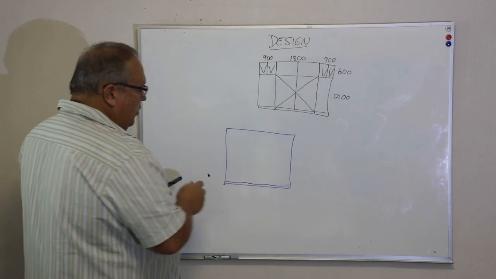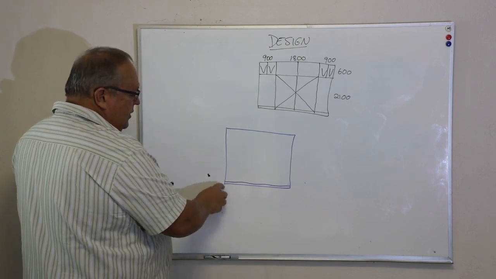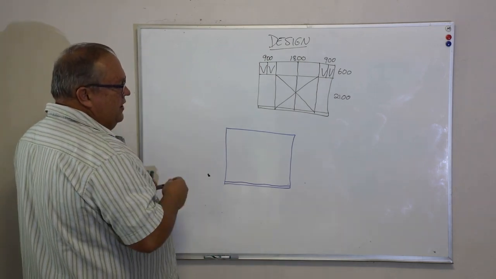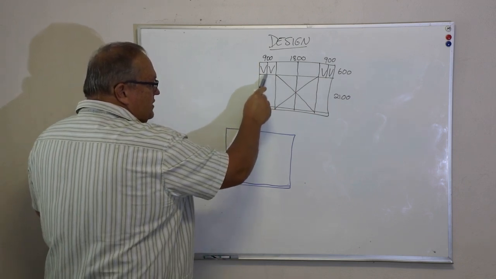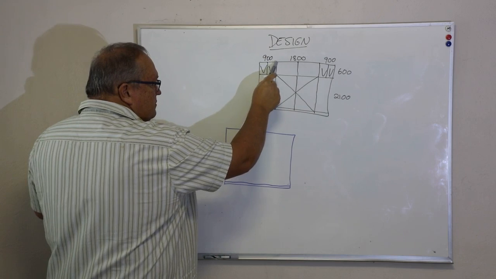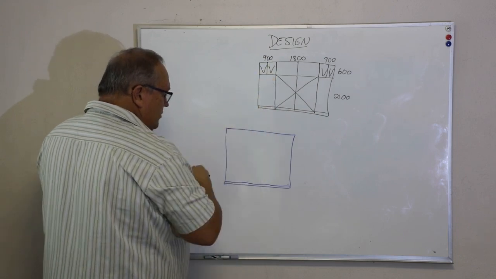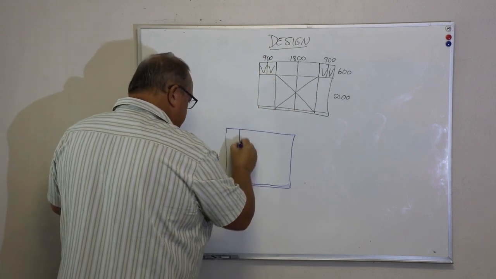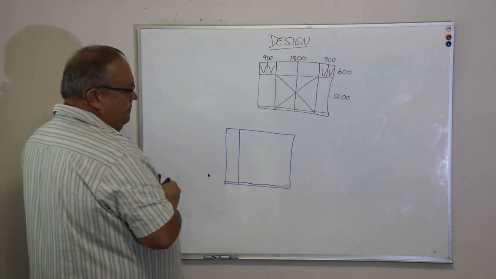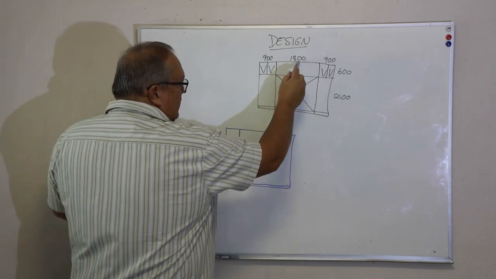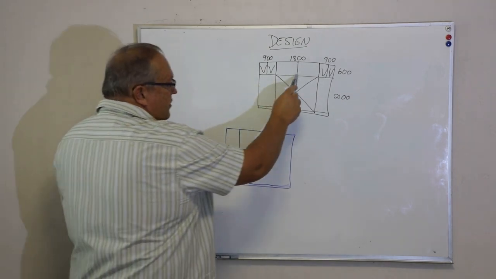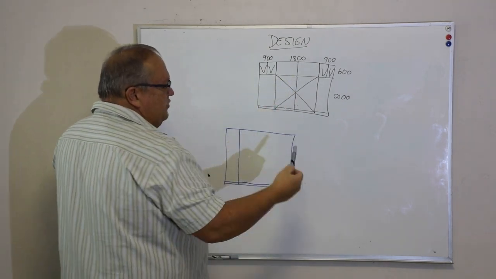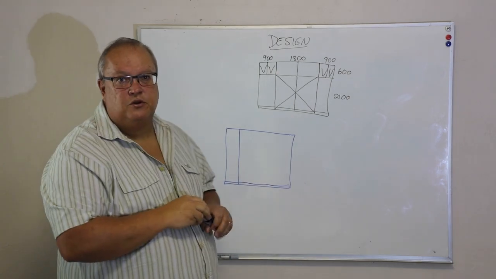Then I must check what mullions run all the way through from the one side of the outer frame right to the other side. This first mullion doesn't run through, so it doesn't form part of my frame. This mullion runs from the one side all the way through to the other side, so it forms part of my outer frame. This mullion here, from that point to that point, it is a mullion, and from there to here, that line is actually representing the meeting style of those 2 doors.